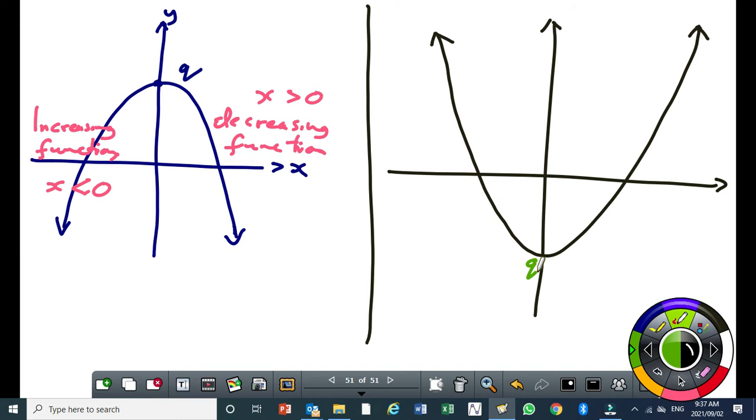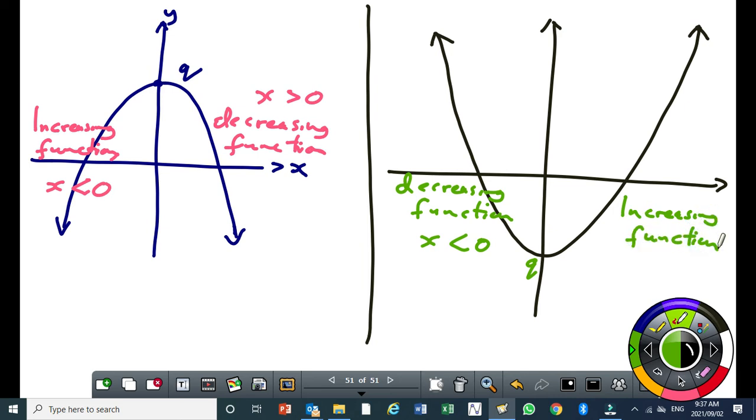To the left of the minimum turning point, the graph is decreasing. So here it's a decreasing function when x is less than 0, and it's going to be an increasing function when x is greater than 0.